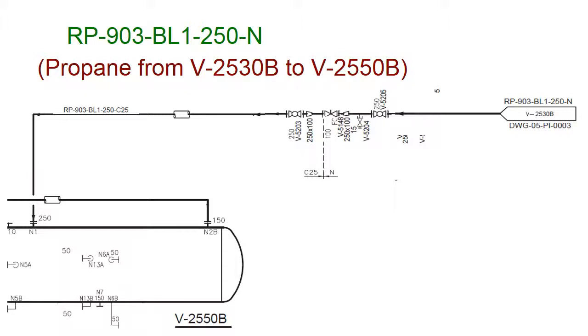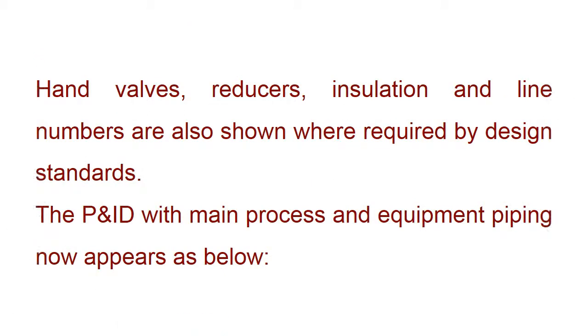RP903-BL1-250N, propane from V2530B to V2550B. Valves, reducers, insulation, and line numbers are also shown where required by design standards.